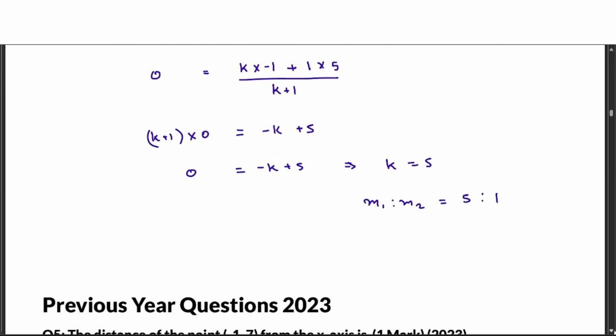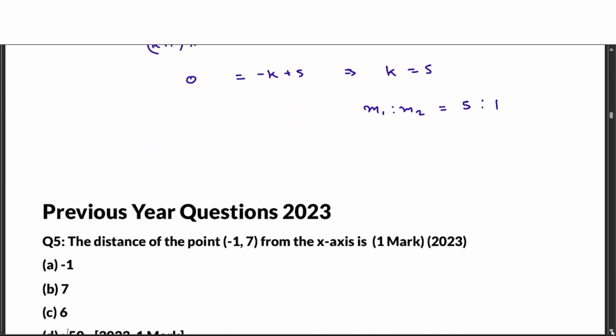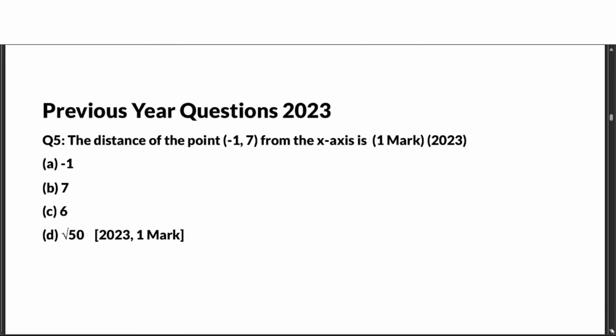So hope it's clear. Now coming to the next question of 2023. Again, it is an important question, an MCQ, but it is important. The question is saying the distance of point (-1, 7) from the x-axis is.